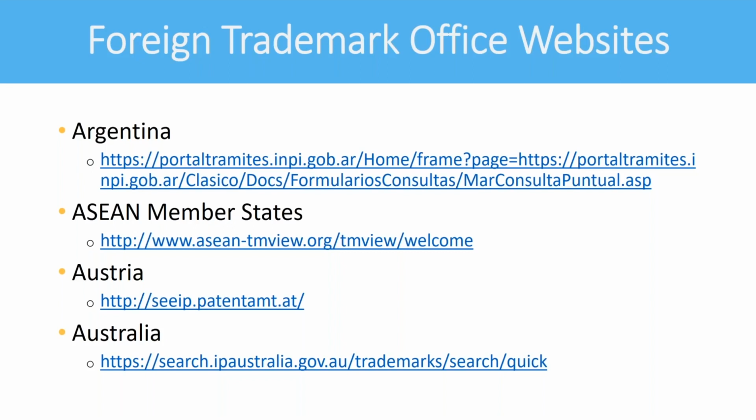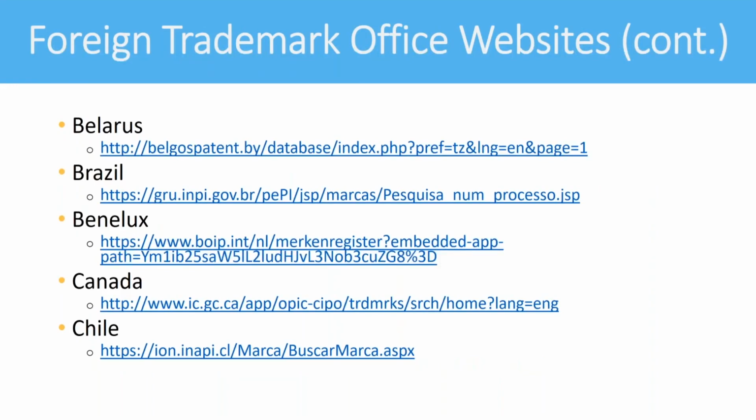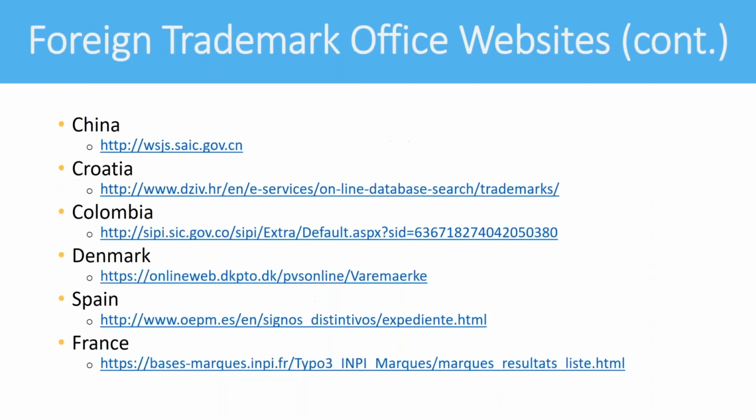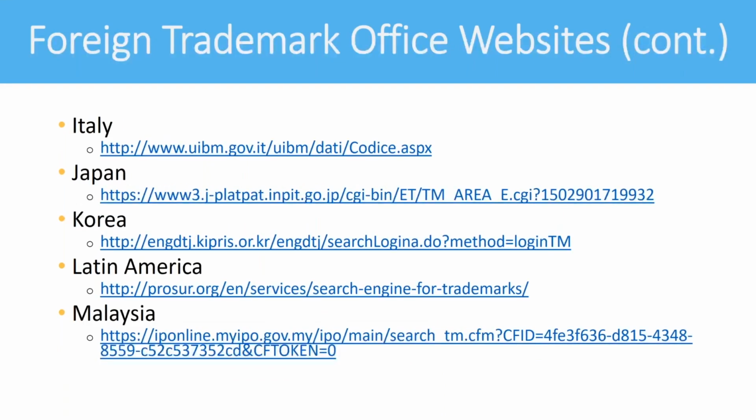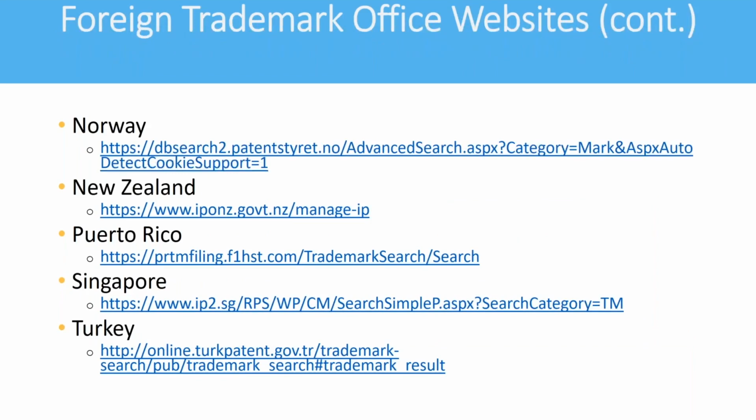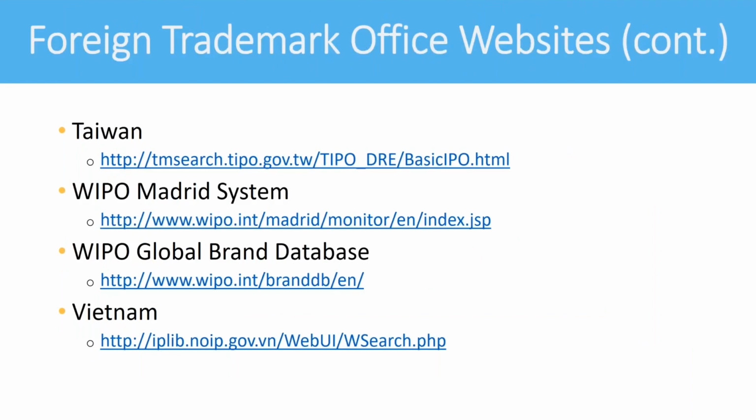ASEAN is a group of Asian member states. Australia, Austria, Belarus, Brazil, Benelux, Canada, Chile, China, Croatia, Colombia, Denmark, Spain, France, Great Britain, Hong Kong, Hungary, Ireland, India, Iceland, Italy, Japan, Korea, Latin America, Malaysia, Norway, New Zealand, Puerto Rico, Singapore, Turkey, Taiwan, WIPO's Madrid cases, WIPO's Global Brand Database, Vietnam.